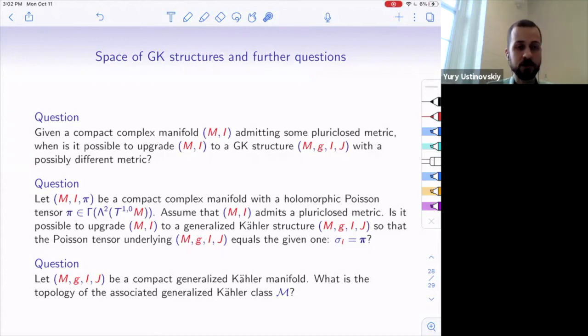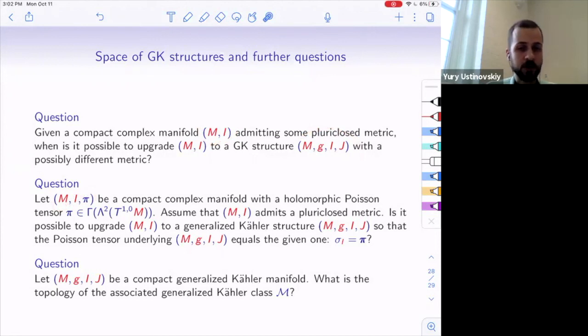It seems like a generally difficult and interesting question to understand whether this structure is a part of a generalized Kähler structure. And likewise, you might start with a manifold, complex structure and holomorphic Poisson tensor, and again ask whether it can be upgraded to a generalized Kähler structure, or to a generalized Kähler soliton maybe.